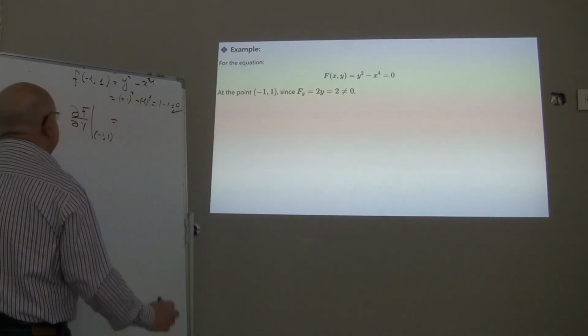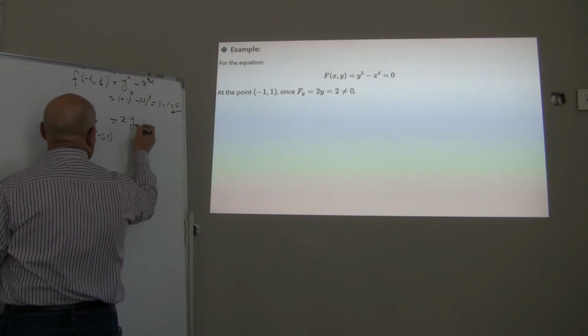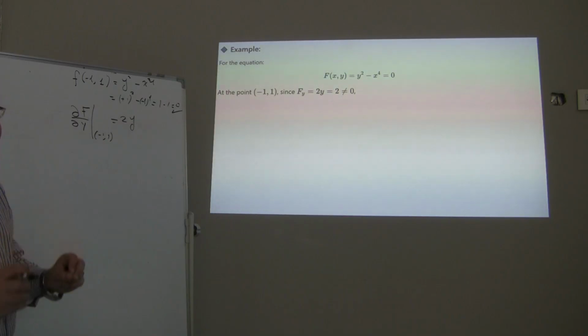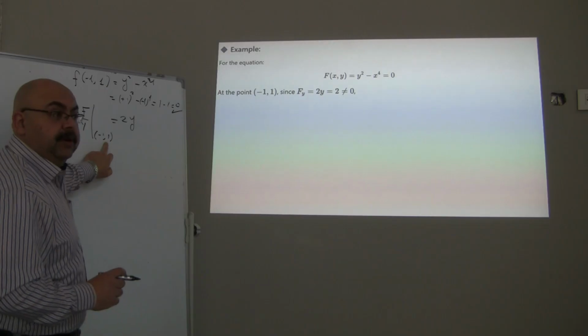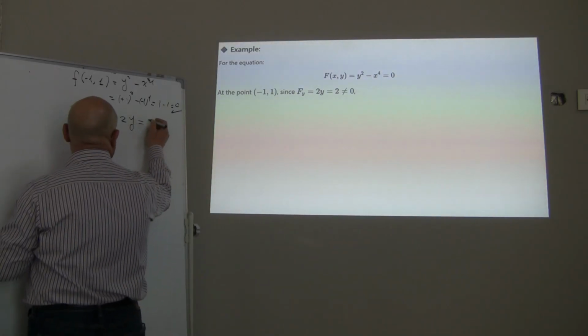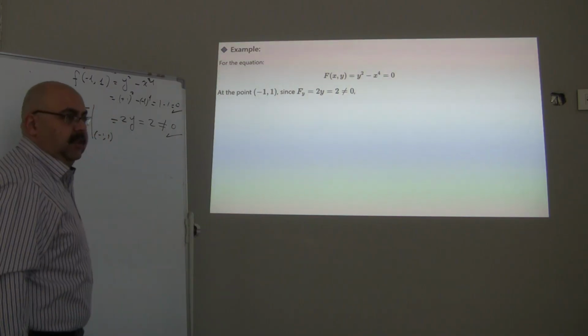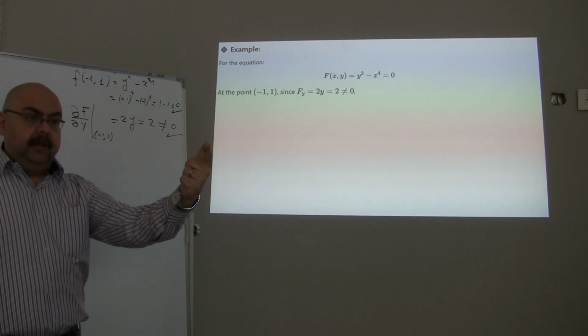Once you differentiate, you will find that this equals 2y. Now I will substitute at this specific point where the y value equals positive 1. So the result will be equal to 2, which is not equal to 0. So this is the second check. The first check is okay, the second check is okay.